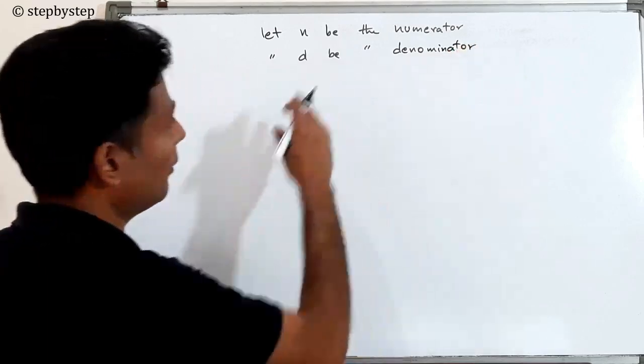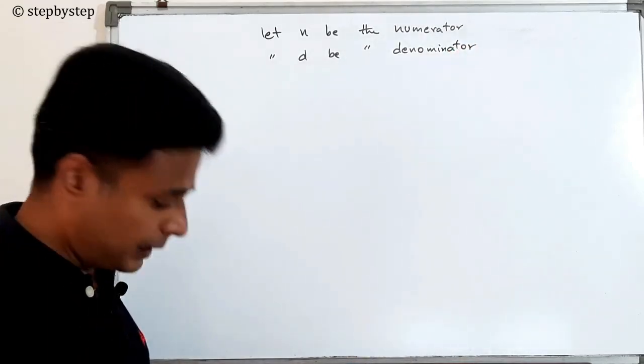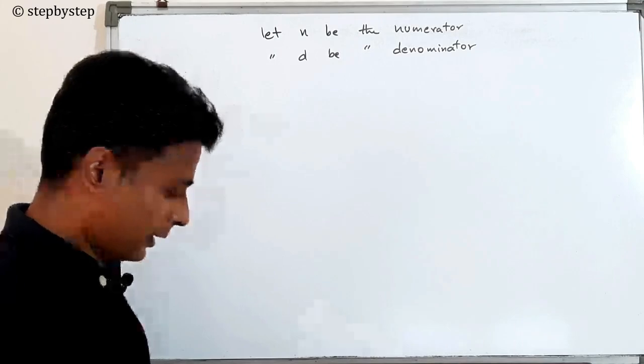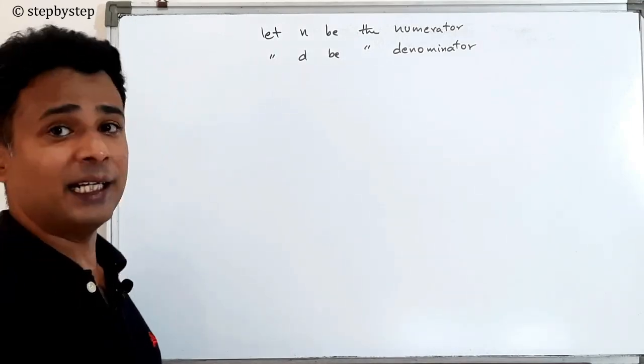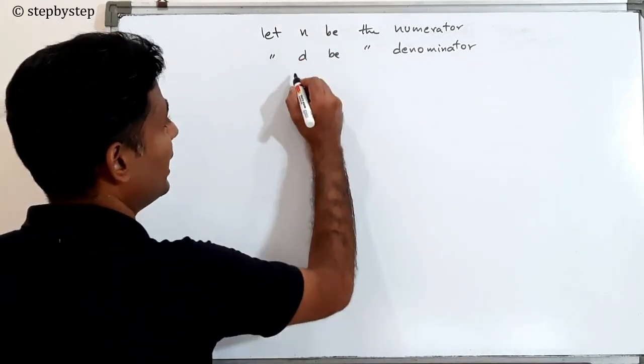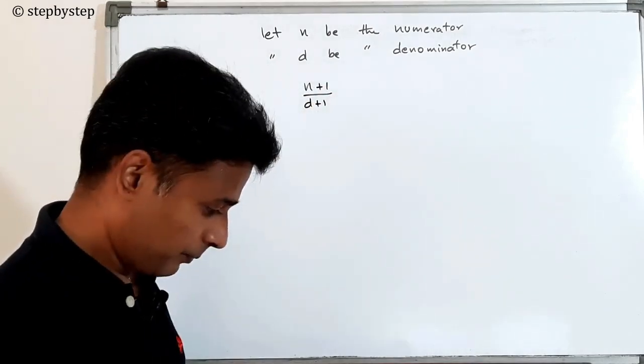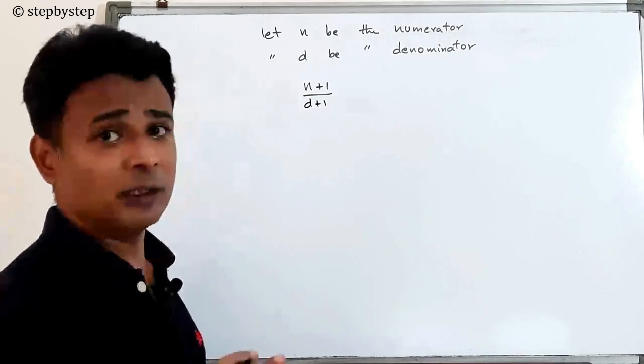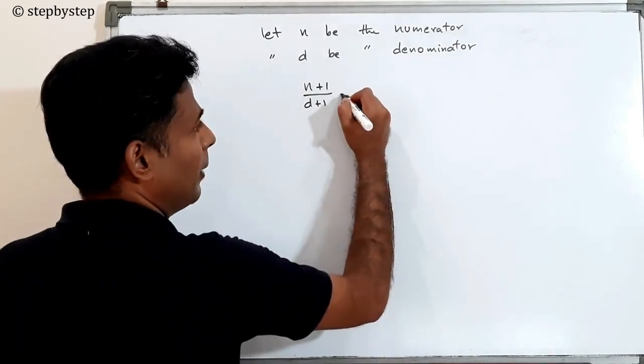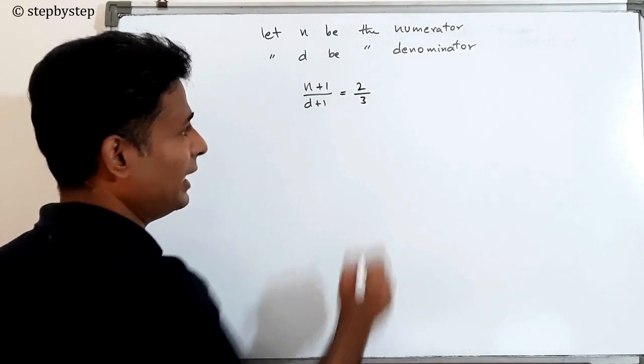Alright, so we have taken our variables as n and d. Now what does it say? If 1 is added to each of numerator and denominator, so n plus 1 by d plus 1 becomes 2 by 3.